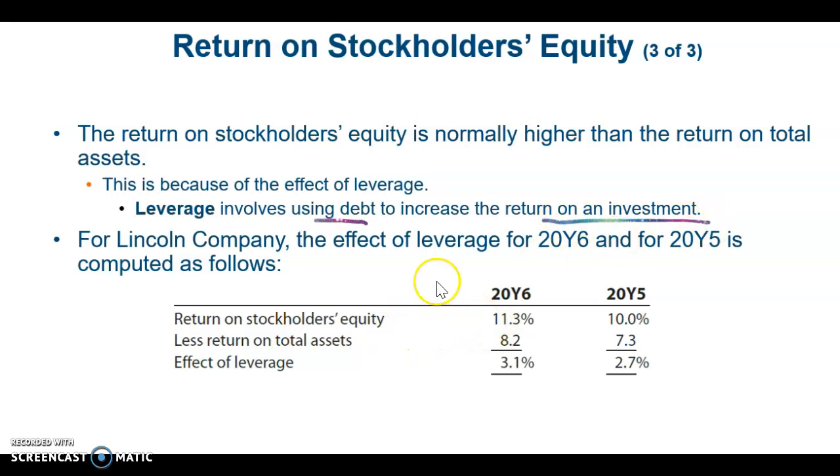So we can look at the effect of leverage here. Here's the return on stockholders' equity, 11.3%, minus the return on total assets, and this is how much leverage we have, 3.1%. Okay.